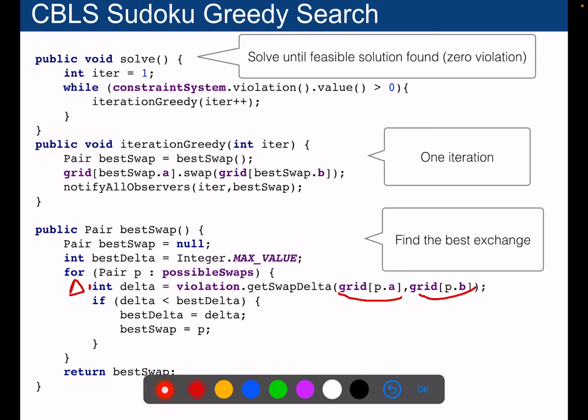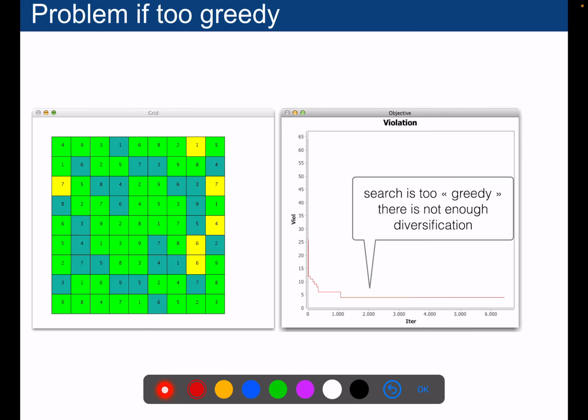And if the delta is better than the best delta that I have seen so far, I store the best delta and I keep the swap, the best swap, also as a variable here. And at the end, I return the best swap. And this is the one that I will apply here, okay? I retrieve the best swap and then I apply this swap. That's a pure greedy search, right? I'm always selecting the best move, the best exchange between the two positions.